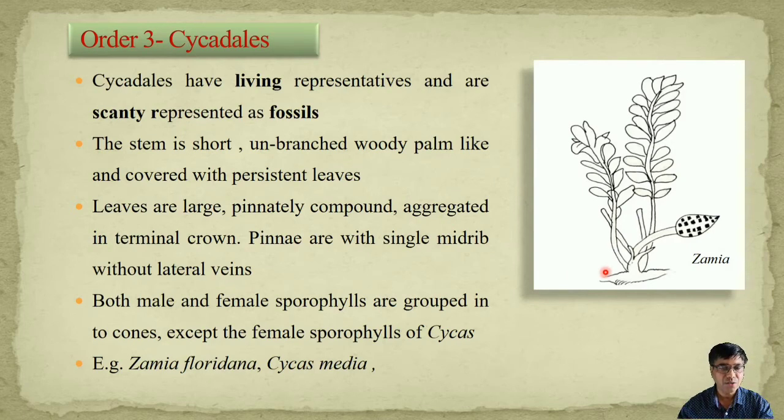Ovules are 2 to 8. Seeds are large. Cycads are dioecious plants. Dioecious means having the male and female reproductive organs in separate individuals. For example, Cycas media, another example Zamia.